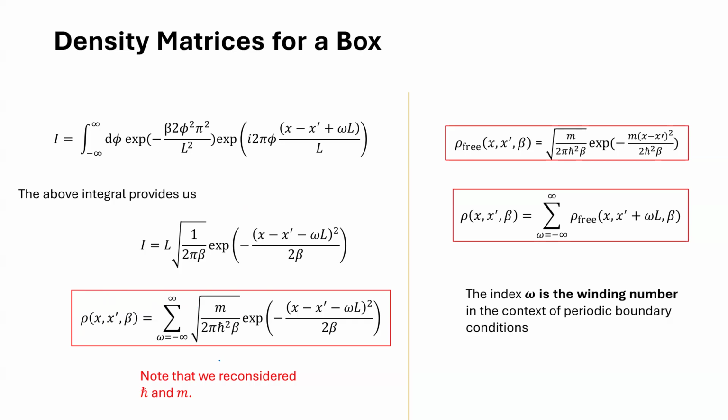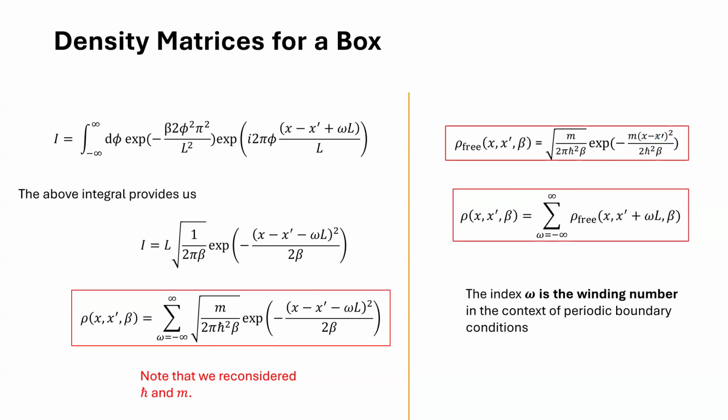And then here we know the free particle's density matrix expression, and you can see that within this summation, the only difference is that it doesn't have this omega L term.